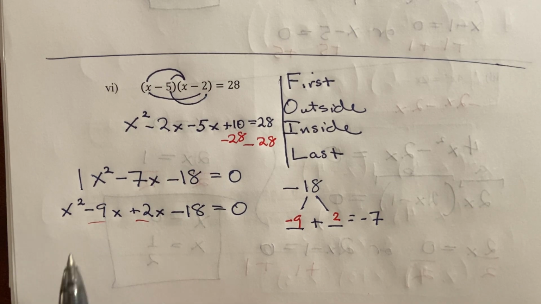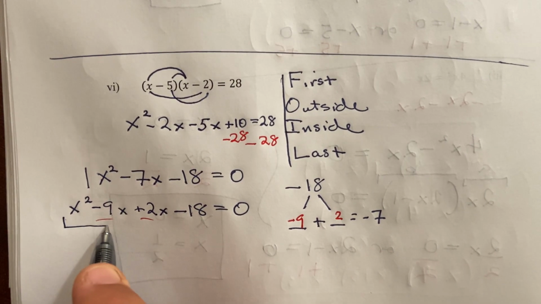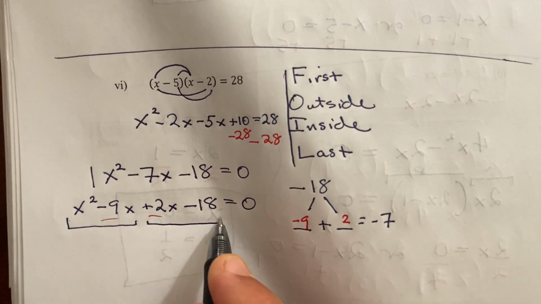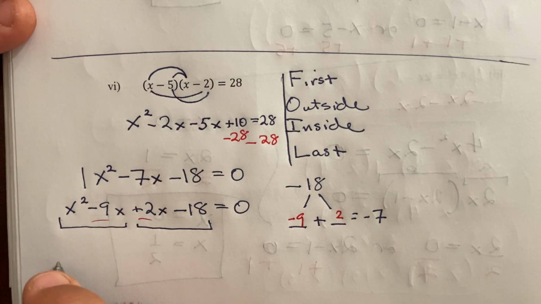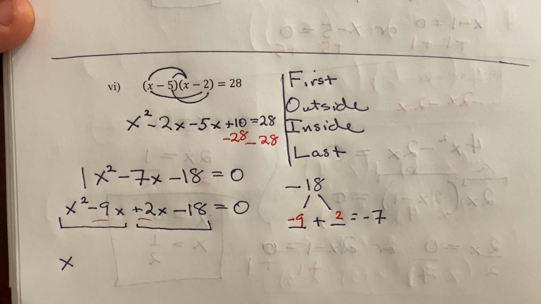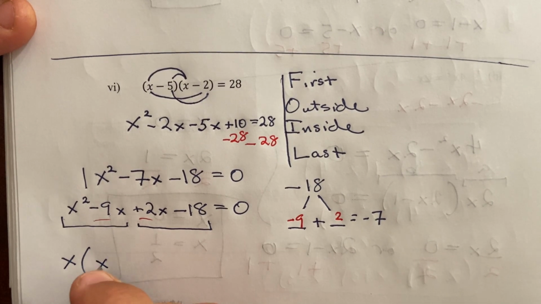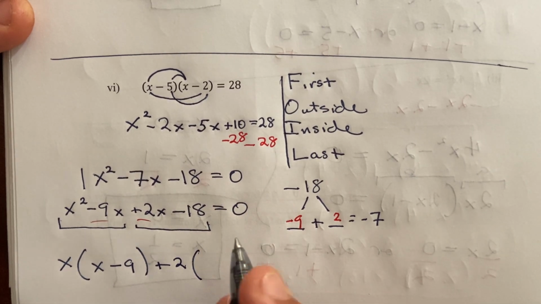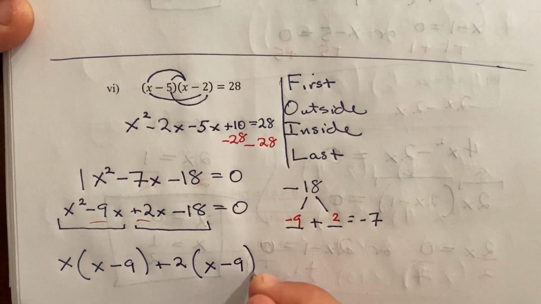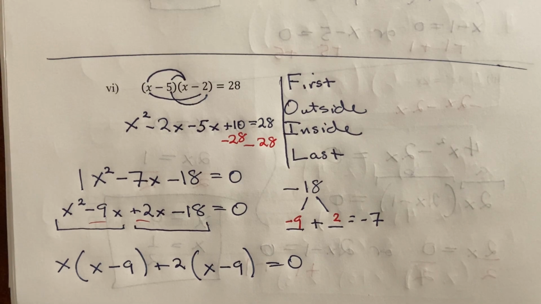Then go ahead and factor by grouping. So I'm going to factor this group and this group. So x, leaving behind an x minus 9, factor out a 2, leaving behind an x minus 9, and this is all still equal to 0.